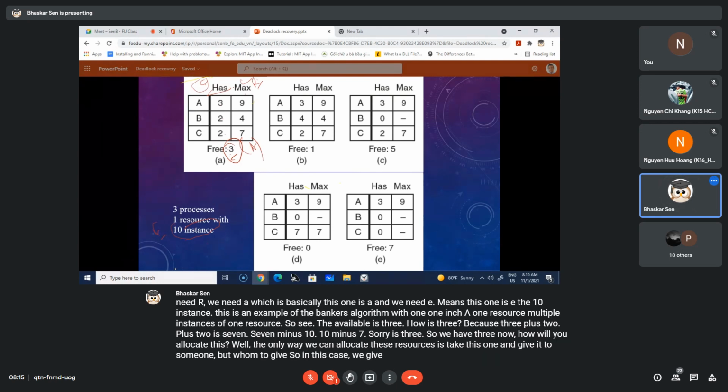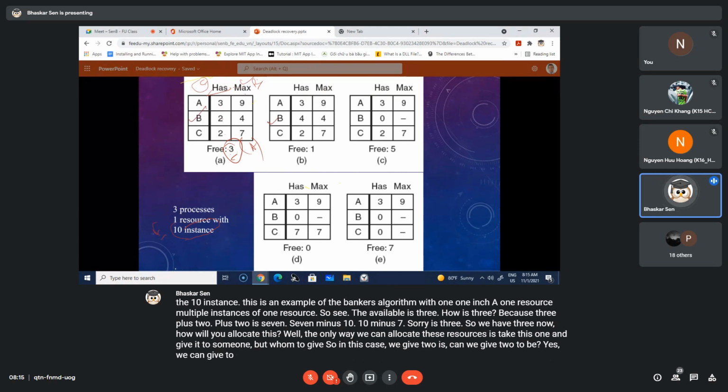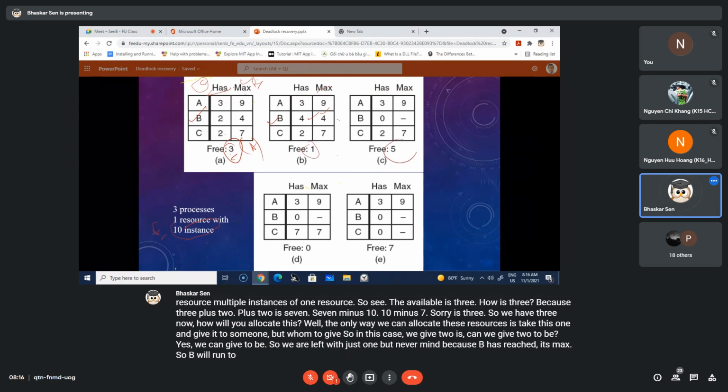Can we give 2 to B? Yes, we can give 2 to B. So we are left with just 1. But never mind, because B has reached its max. So B will run to completion and will return 5. Now this 5 can be given to C, because that is exactly what it's looking for.